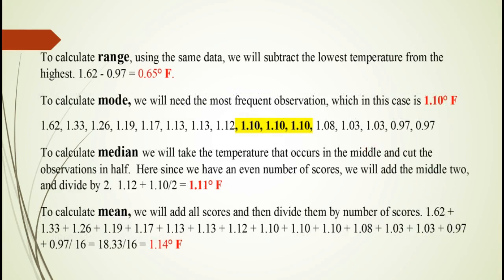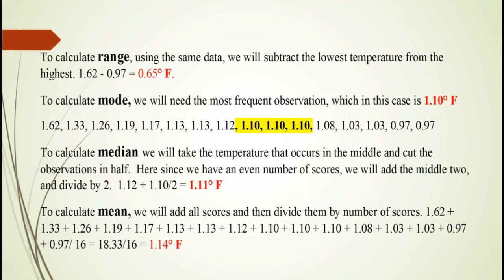To calculate range using the same data, we will subtract the lowest temperature from the highest. 1.62 take away 0.97 equals 0.65 degrees Fahrenheit. To calculate mode, we will need the most frequent observation, which in this case is 1.10 degrees Fahrenheit.